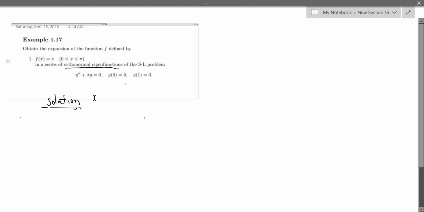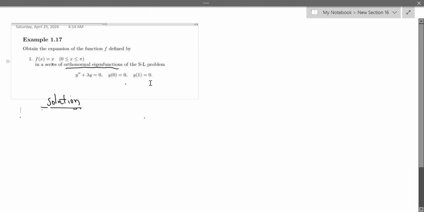To do this, you will need to get your orthonormal eigenfunctions, and if you check the video on orthonormal eigenfunctions, you will see that this problem was the example that was used there. So we've gotten the orthonormal eigenfunction from the previous video, so you can check it out and see the steps on how to solve it.